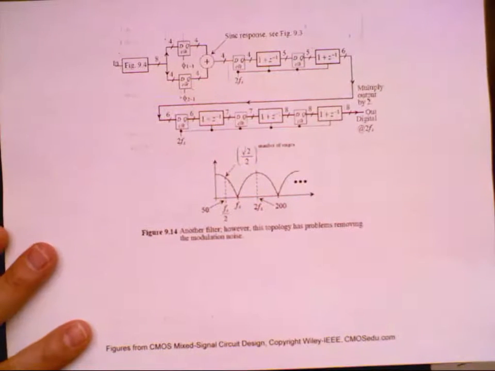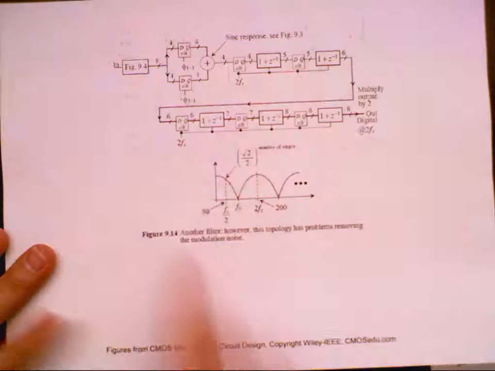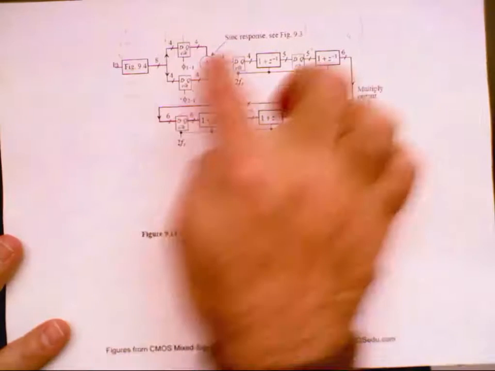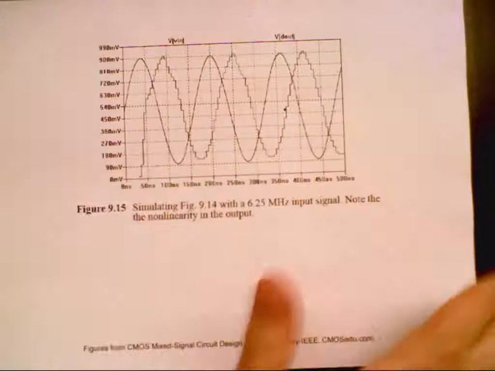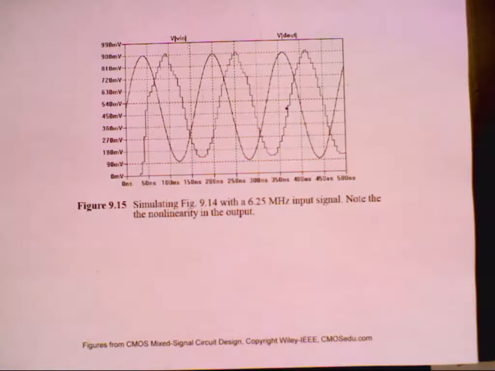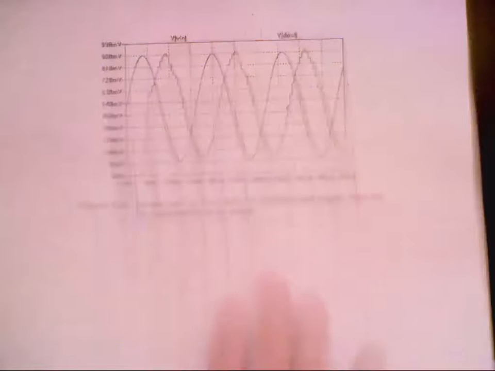The problem here is if you don't design the filter correctly, after this stage you won't attenuate the noise, and you'll get something that looks like this. And that's not good. Okay. Any questions there?